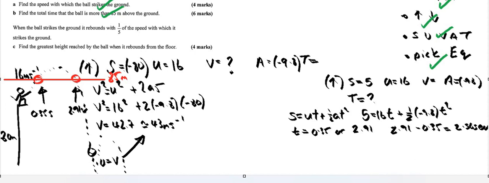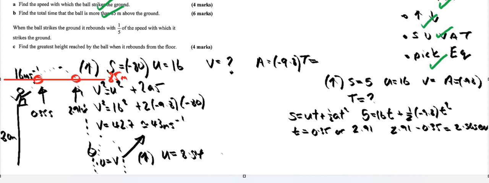But we have to work out what 1/5 of that is. So I take 1/5 of 42.7, which is 8.54. So now that's going to be my U. Okay, I'm going upwards.